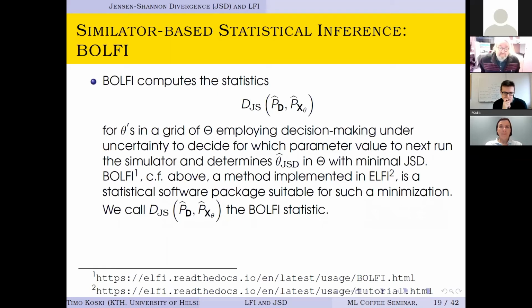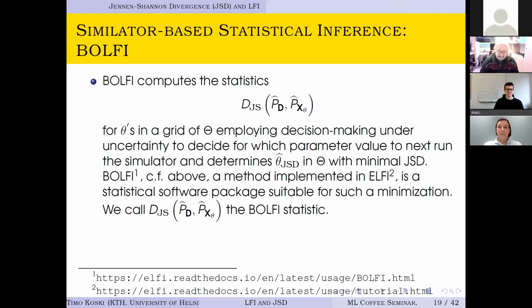So now this BOLFI is a technique or method for optimizing this as a function of theta. The point is that this GJS is not a contrast function or anything. There's no way of inserting theta in a formula there. It's symbolic, because it corresponds to the value of theta used in the simulator model. But somehow this is able to be optimized. This is BOLFI, the computer software.